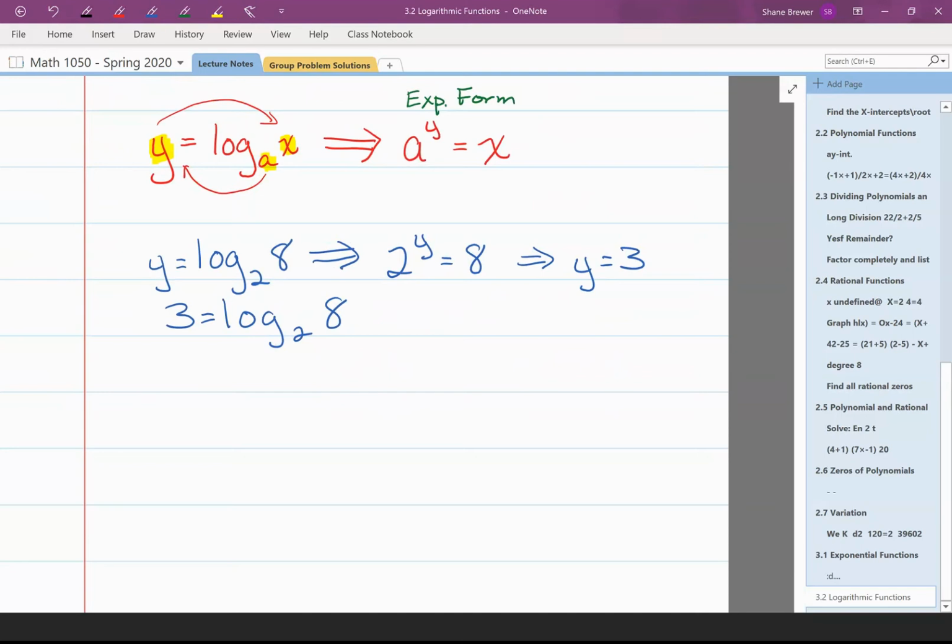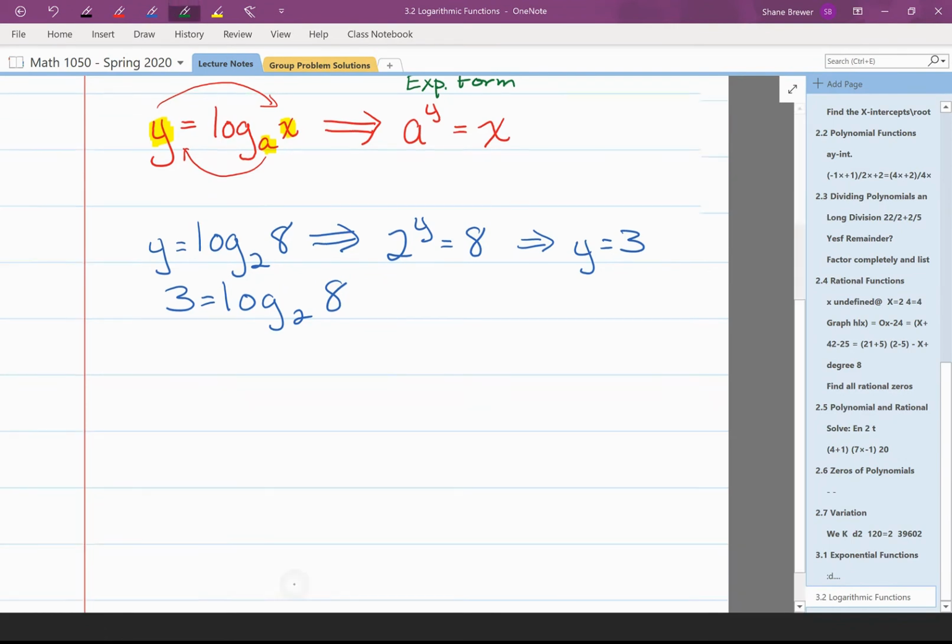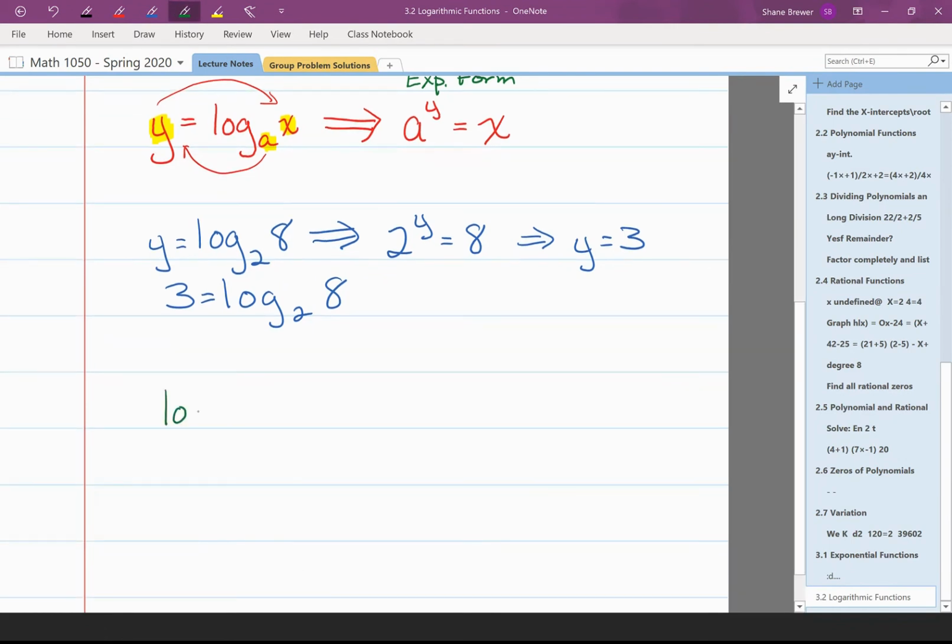What the exponential form does is it shows you the mathematical relationships behind all the things, right? So let's switch gears. For instance, if I want to find log base 3 of 81, I'm plugging 81 into the log base 3 function. You say, okay, I don't know what it's equal to, we'll just say it's equal to y.